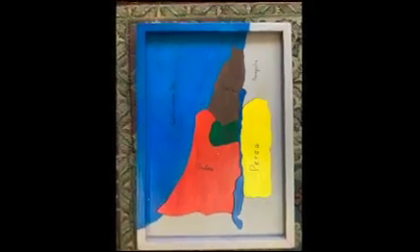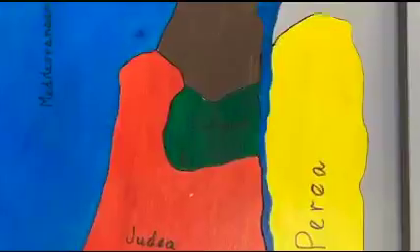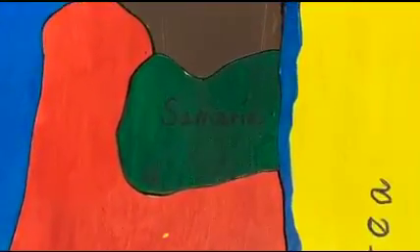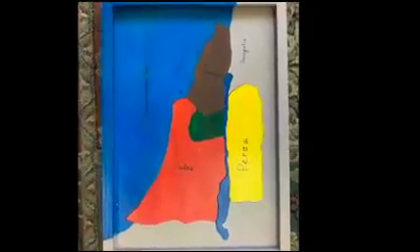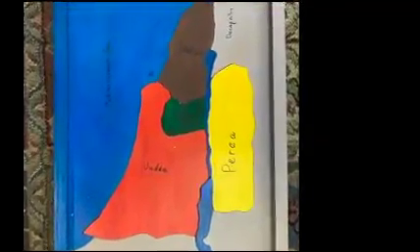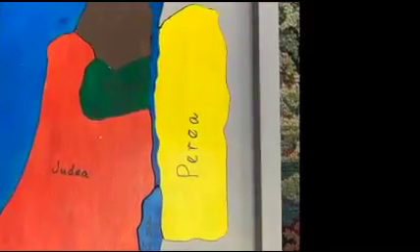This green area is called Samaria. The people in this region did not get along with the Jewish people. The yellow part is called Perea. This region had a city called Bethany where Jesus' friends lived.